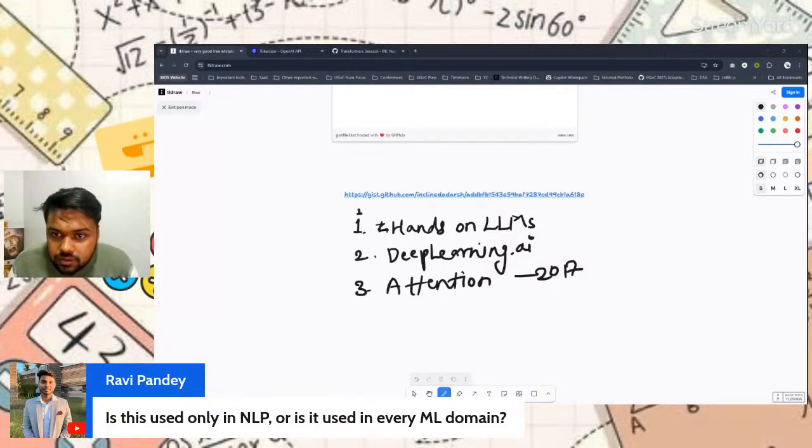Is this used only in NLP or is it used in every ML domain? So here's the thing. The not so beautiful part about natural language processing or deep learning in general is that architecture from one particular domain doesn't really transfer well into the next domain.